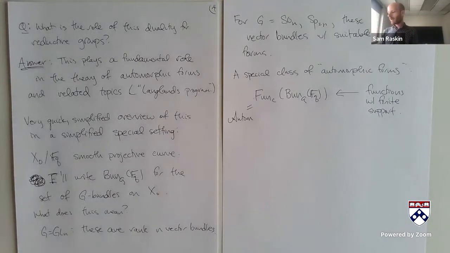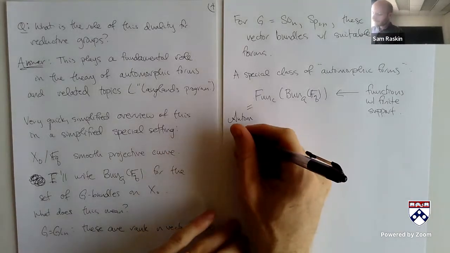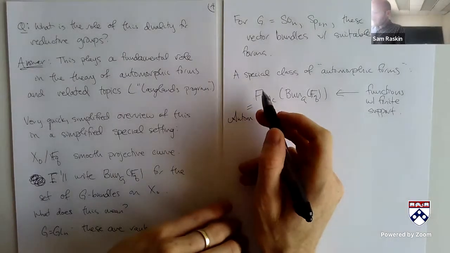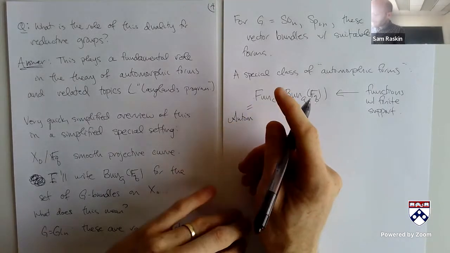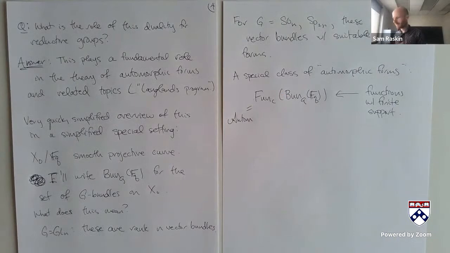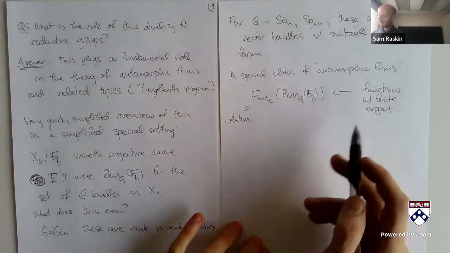But the story definitely starts with the rational numbers, and that's where a lot of the special fun happens. But I've sort of said my piece about this. So the goal is to somehow understand the space of compactly supported functions.